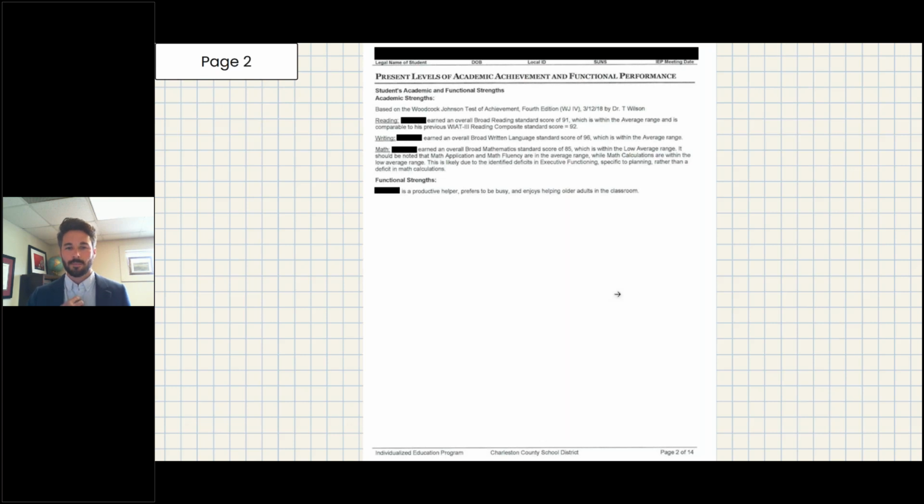So this section is all about determining where your child is and using data to corroborate that. Where your student is, and importantly, how their disability is impacting or affecting their involvement and their performance in the general education curriculum, all right?